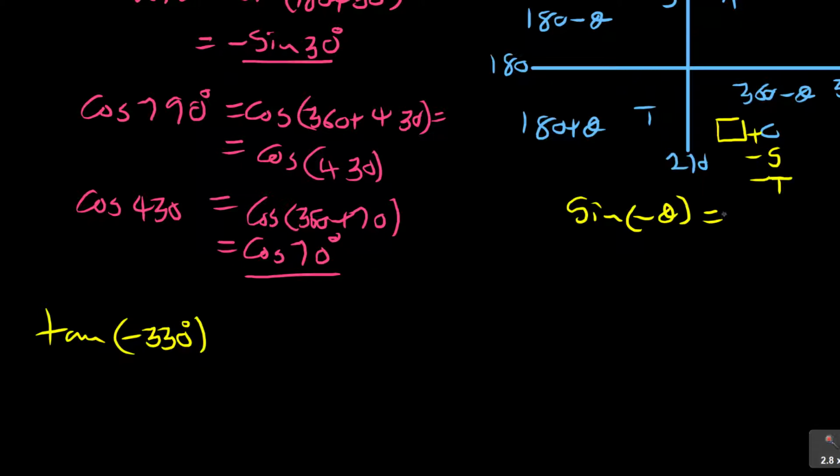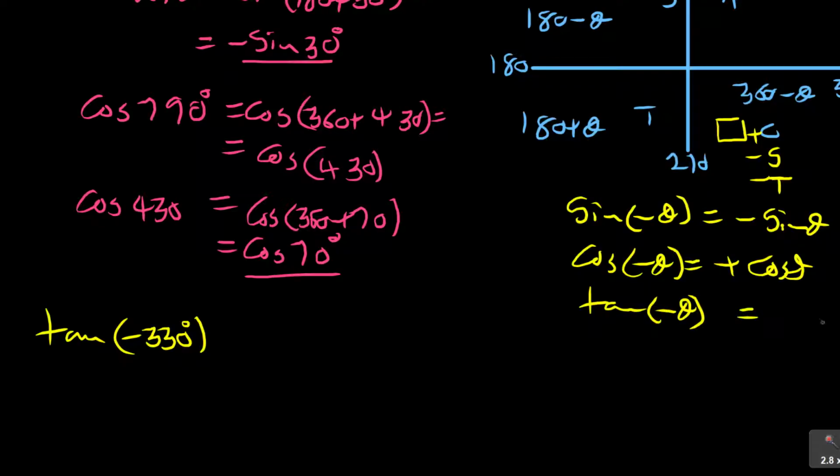Cos of negative theta is positive cos theta in the fourth quadrant, but tan of negative theta is equal to negative tan theta. So first thing, we get rid of that negative out. It's minus tan 330. That's what you must do first.